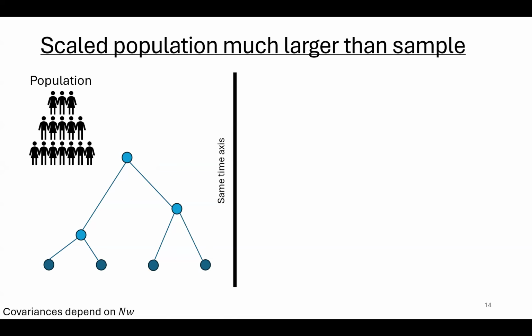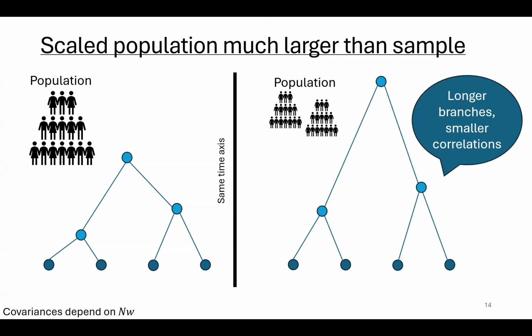We'll note that these covariances are going to depend on N times W, where N is this population size. So now I'm going to double the population size. The effect of this on the coalescent process is that the tree on the right is more typical, and the feature of the tree on the right is that it has longer branches. If we recall, this means that there are more cuts in this recombination process, creating smaller and smaller stretches of IBD data, resulting in smaller correlations.